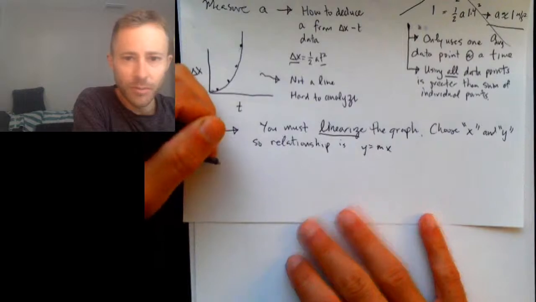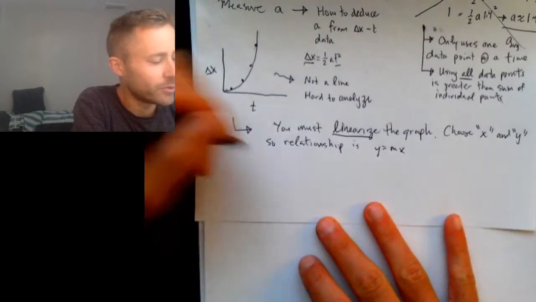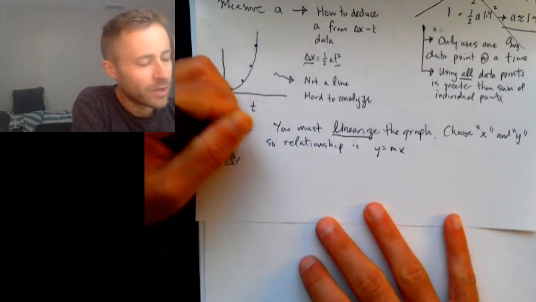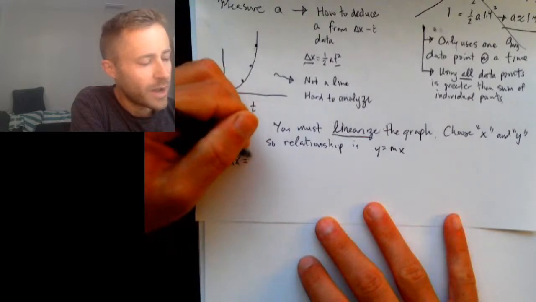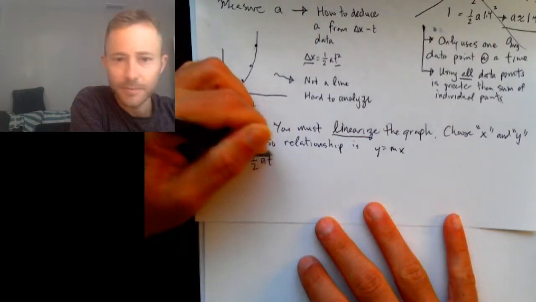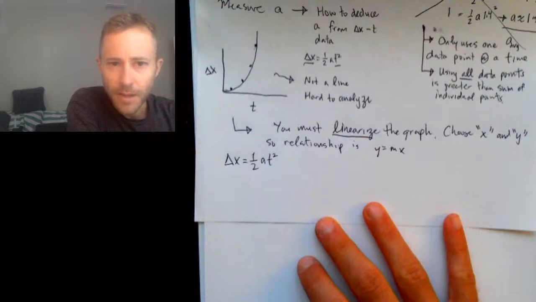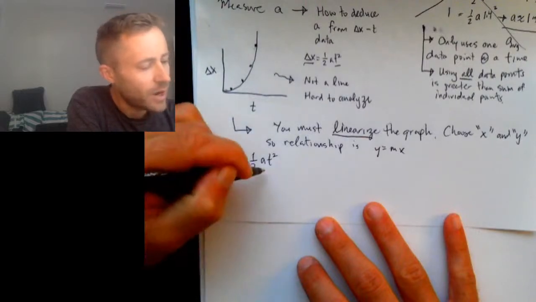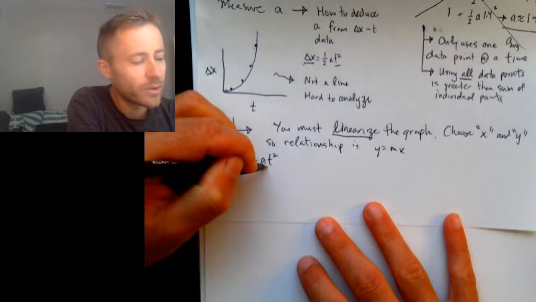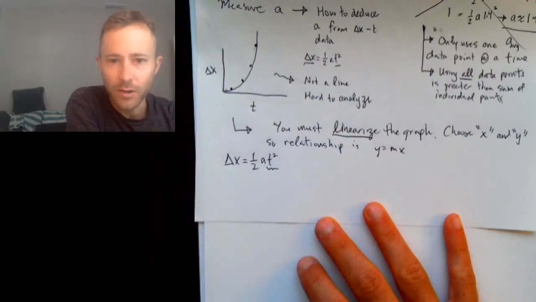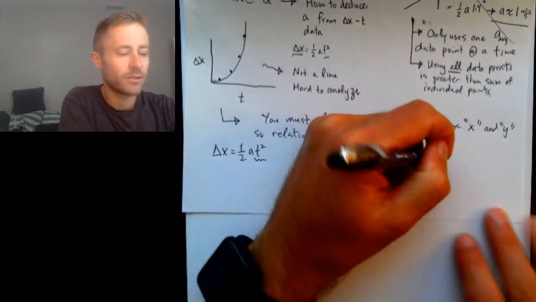I know that my relationship between the variables is going to be delta x equals 1/2 a t squared. But what if I didn't put time on the horizontal axis? What if I put time squared on the horizontal axis?